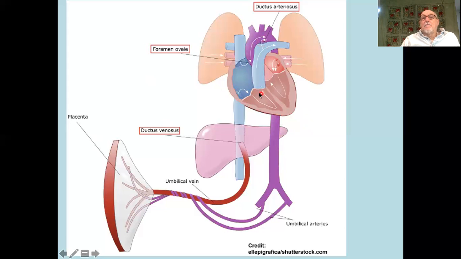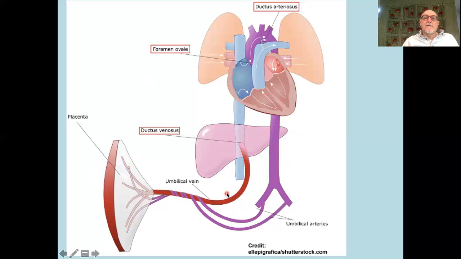So what the fetus ends up pumping around its body is not all oxygen, it's mixed deoxygenated and oxygenated blood, but it's fine because it is so heavily oxygenated by the mother that plenty of oxygen is supplied to the fetus. Now, in addition, the fetus has very, very rich connections to the placenta.